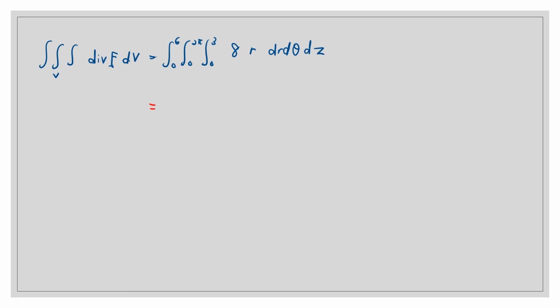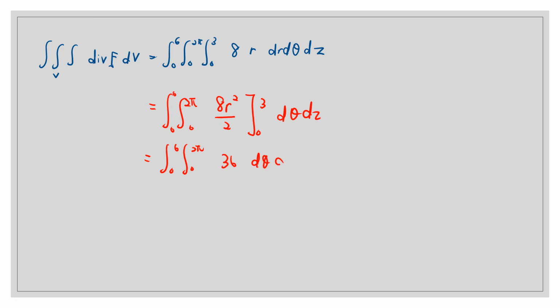Okay, first we integrate with respect to dr. So you will get 8r squared over 2 d theta dz. You substitute 3 and 0, you will get 36 d theta dz. Now integrate with respect to d theta, you will get 36 theta from 0 to 2 pi dz.